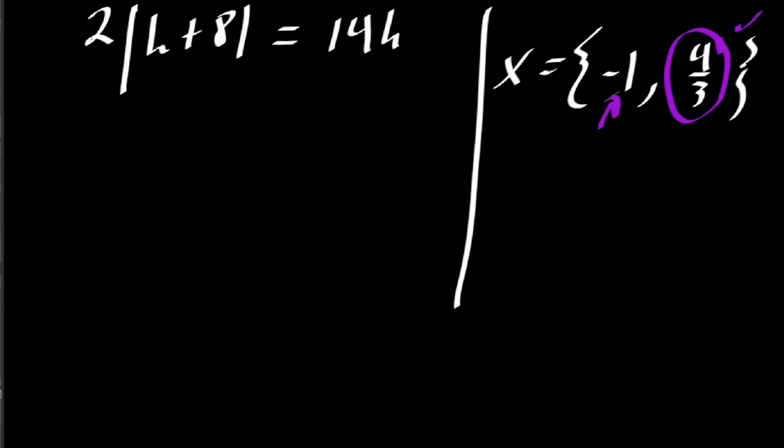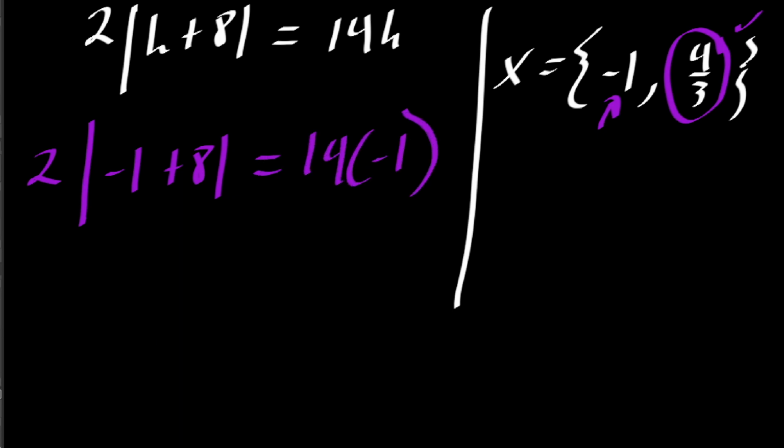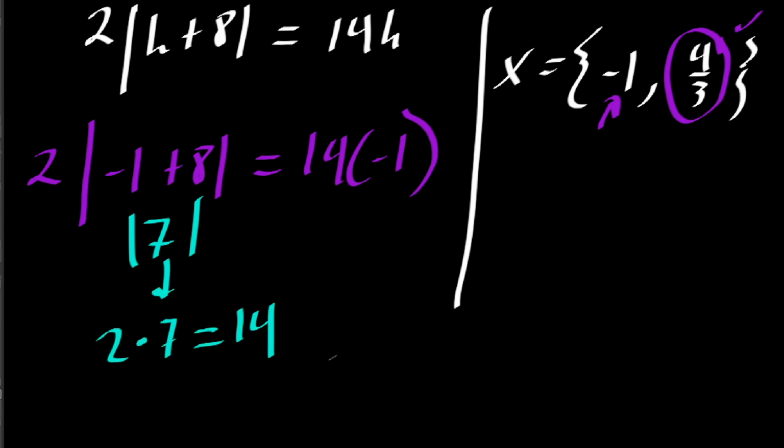Watch what happens when I plug in negative 1. 2 times the absolute value of negative 1 plus 8 equals 14 times negative 1. So watch what happens. Negative 1 plus 8 is 7. The absolute value of 7 is 7. 2 times 7 should be equal to 14.